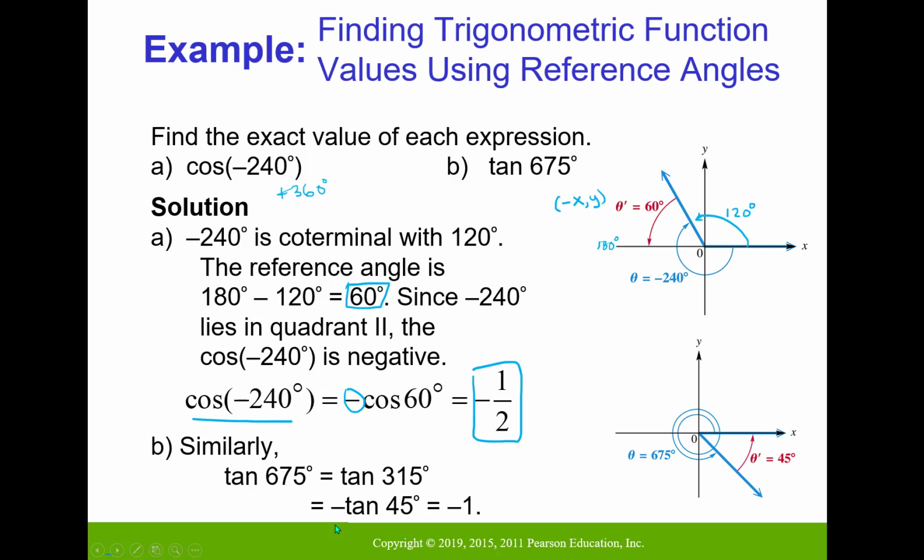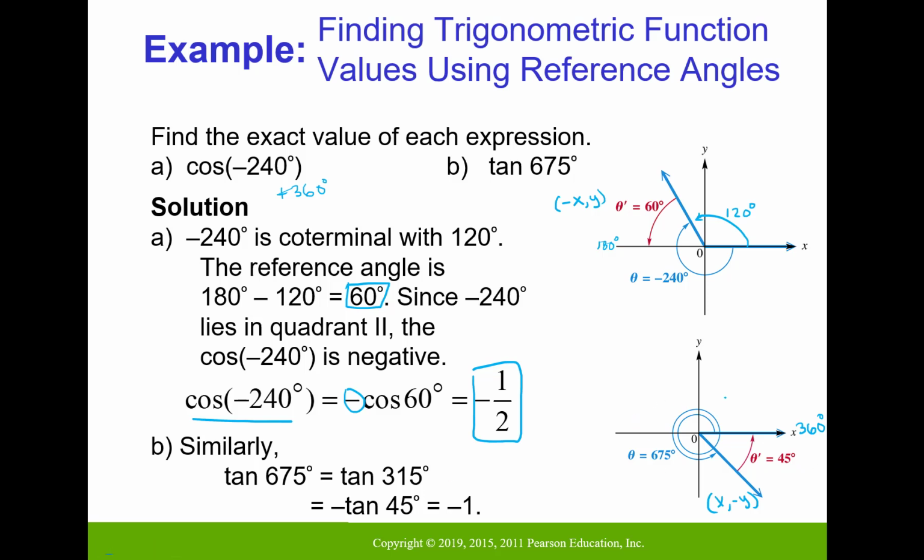Similar reasoning we could do for tangent of 675 degrees. We could start subtracting multiples of 360 until we get to 315 degrees, and that would put us in quadrant 4. In quadrant 4, x is positive but y is negative. If we use our reference angle here, it would be found by doing 360 minus our angle of 315, so we would get 45 degrees.